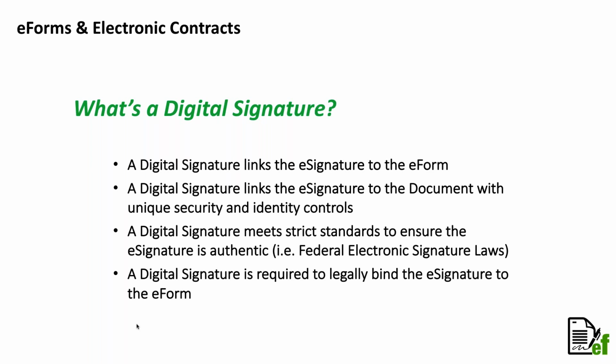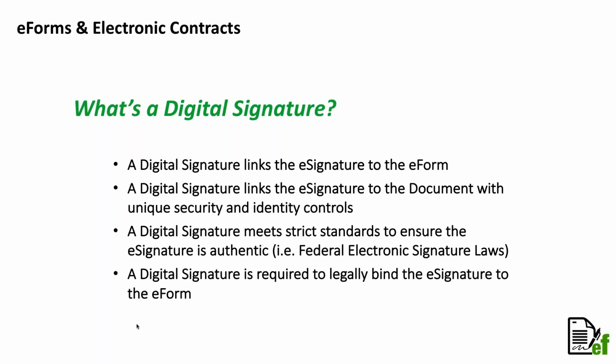Now, when you take those two together, you can then create what's called a digital signature. The digital signature links the e-signature to the eForm. So it's a means to be able to prove that e-signature belongs to that eForm.